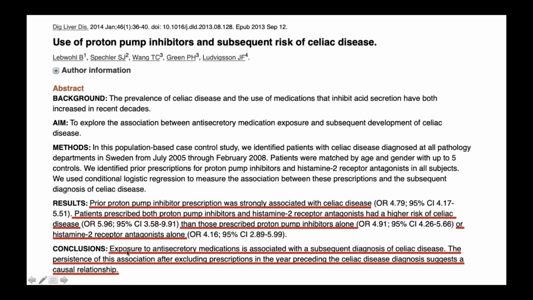And then they go on to conclude exposure to anti-secretory medications is associated with a subsequent diagnosis of celiac disease. The persistence of this association after excluding prescriptions in the year preceding the celiac disease diagnosis suggests a causal relationship. So again, just highlighting that there's potentially a lot of interactions between these various factors that can affect digestive function and contribute to digestive insufficiency.